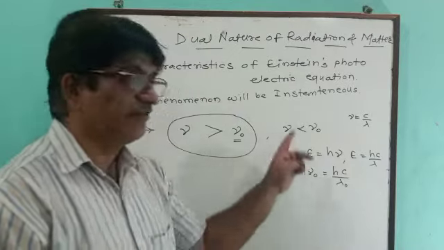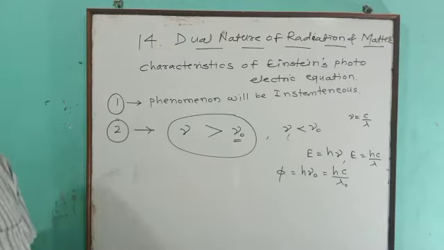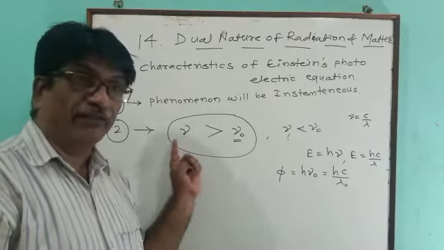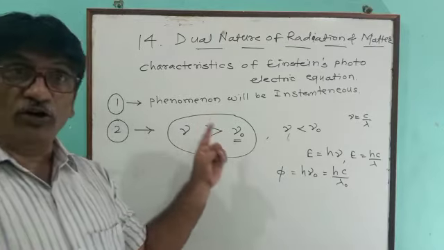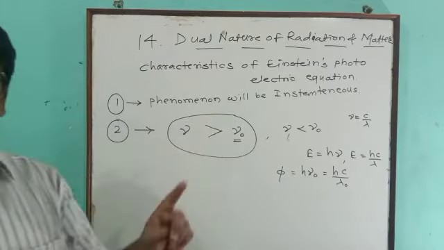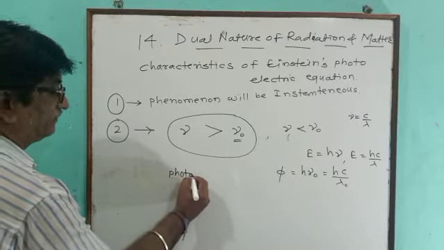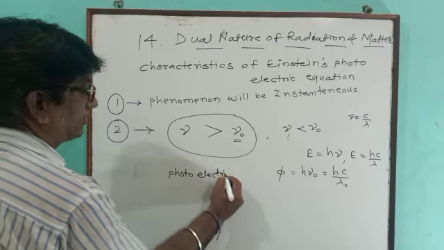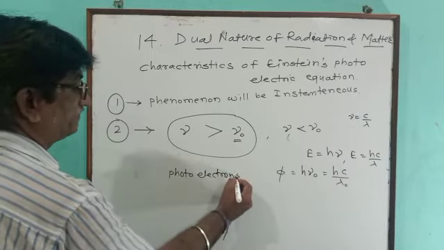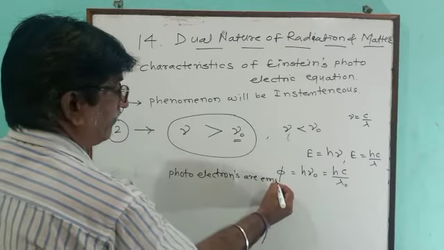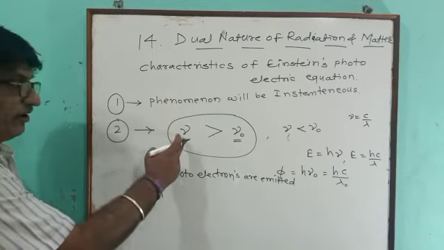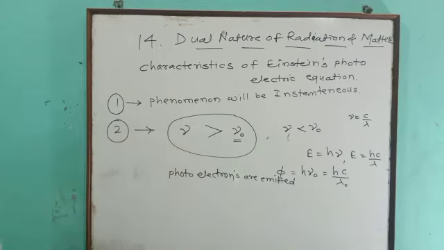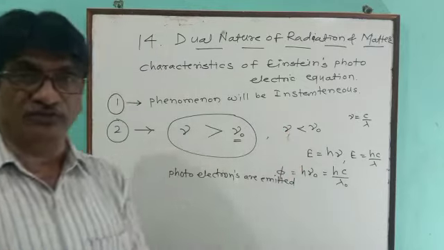When the incident frequency of radiation of light is greater than the threshold frequency, photoelectrons are emitted. There is ejection or emission of photoelectrons when nu is greater than nu 0. But when nu is less than nu 0, what happens?